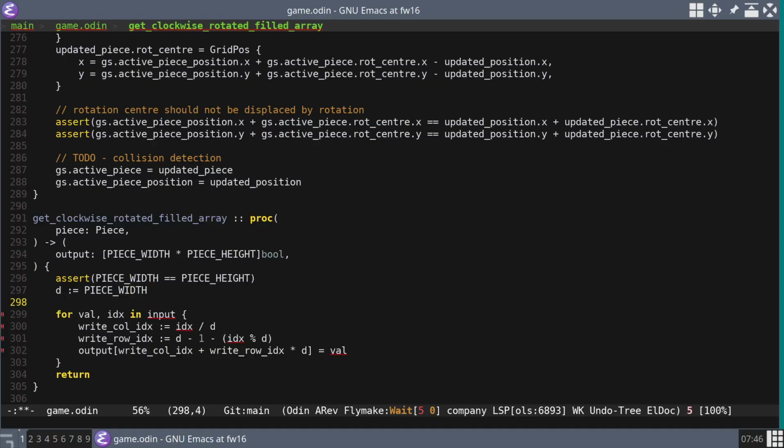Okay, that's kind of nice. It means that our piece width, piece height assertion might not be needed. Okay, how do we do this then?